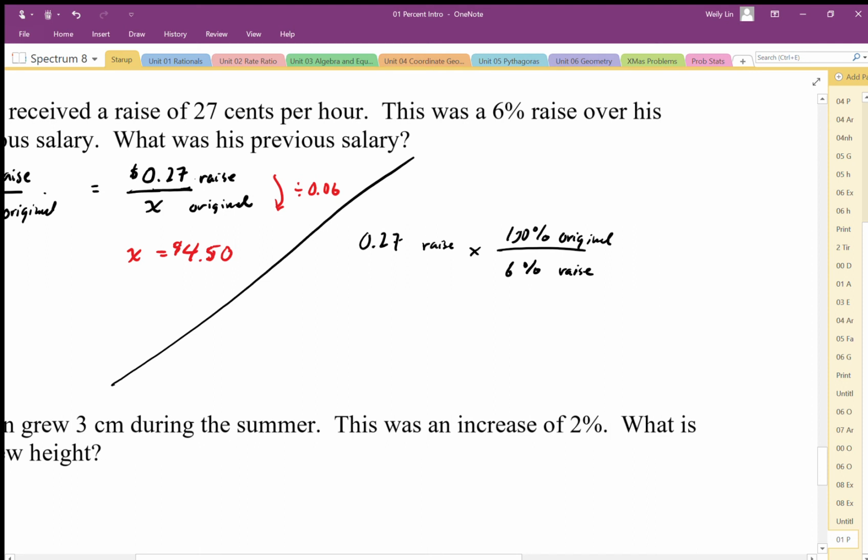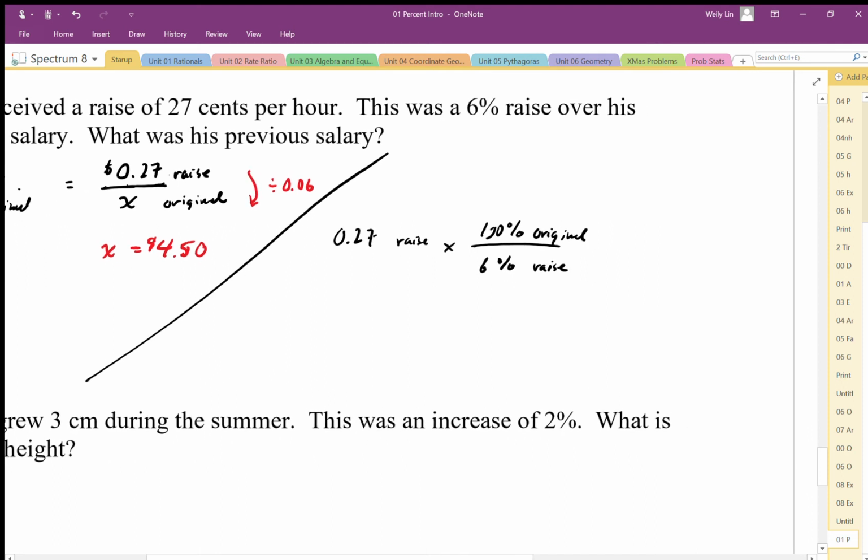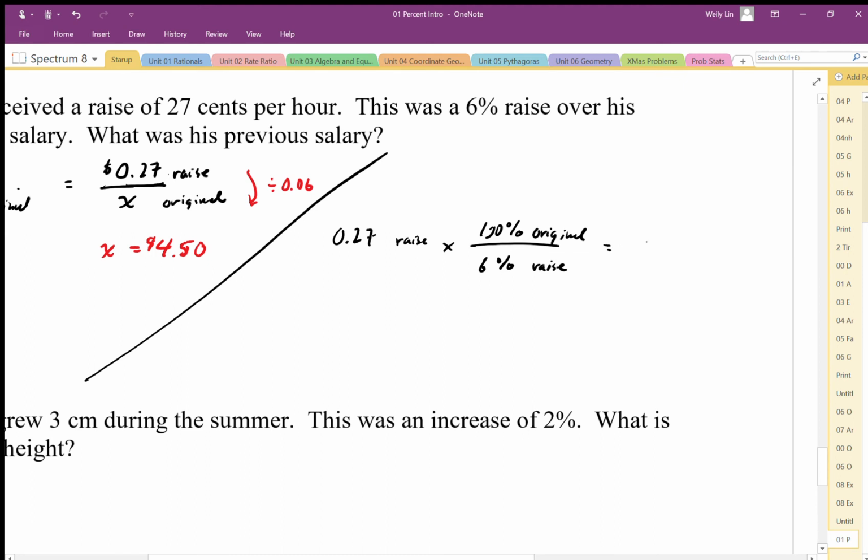Okay, so essentially I'm going to divide by the 6%. Okay, and that's going to give me my $4.50. That's my original.